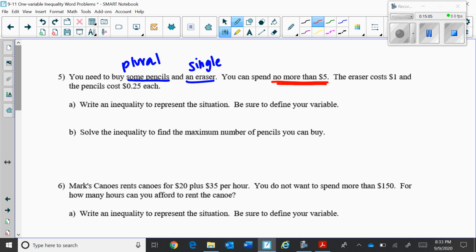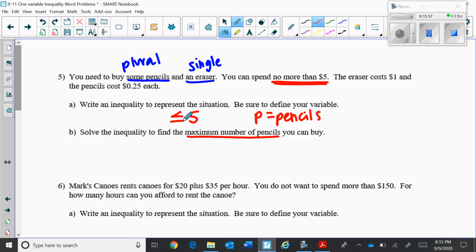So if we're defining our variable, solve the inequality to find the maximum number of pencils. It doesn't really matter what variable you went with. You could have said x and it equals anything. I'm going to say p equals our pencils, just because I like for that to match. If you didn't choose that, that's okay. So it says we spent no more than $5. So 5 is greater than or equal to.